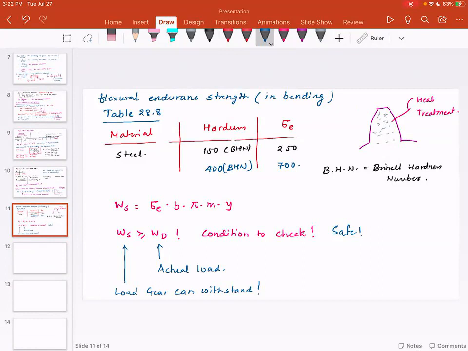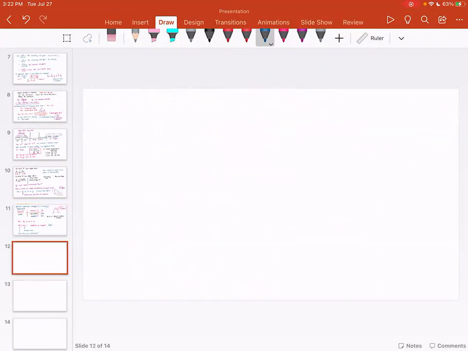So the last step is, so far we have done the design based on the beam strength. We have used Lewis's equation to find out the module.